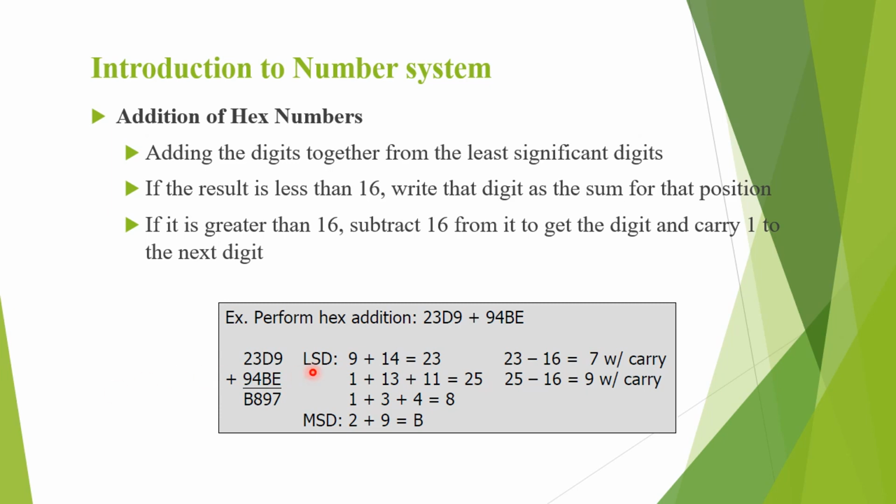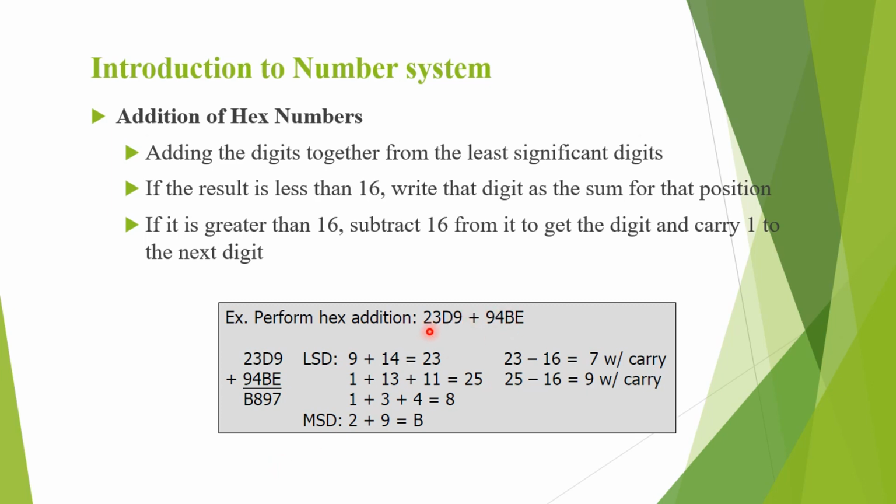So add the digits together from the LSB, that is least significant bit or digit, and if the result is less than 16, then write that digit as the sum in that position, and if the result is greater than 16, then subtract 16 from that result, write the digit in the sum position, and carry 1 to the next digit. So we'll take an example.